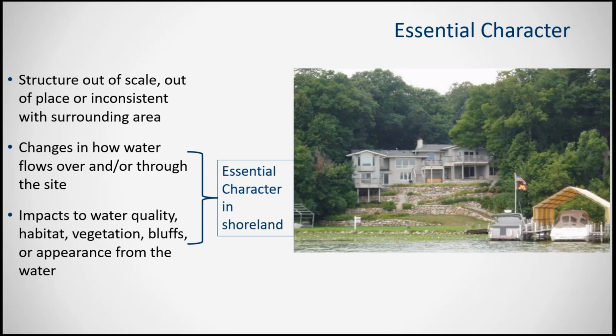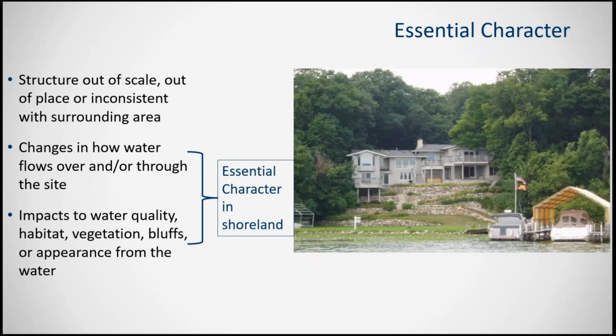you affect the essential character of shoreline characteristics in various ways. In our example here, you can see how this large structure was built by clearing a lot of natural vegetation, altering the slope, putting in a lot of lawn. This affects how water flows through and over the site. We've got a lot of lawn, which can carry nutrient-laden runoff directly into the water, which of course can cause algae to grow.